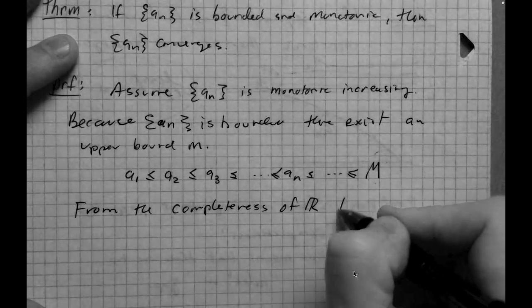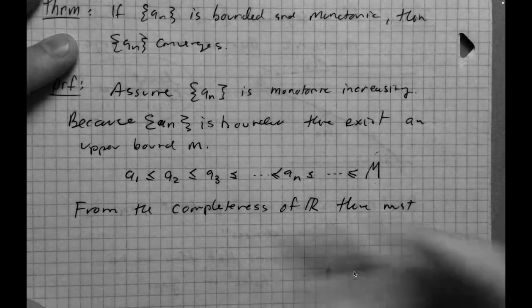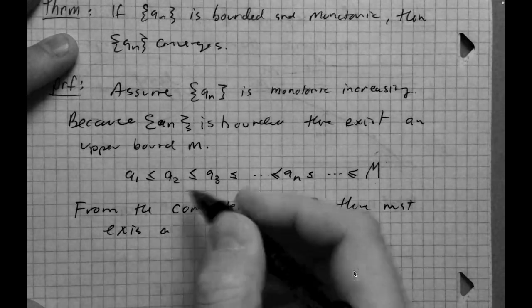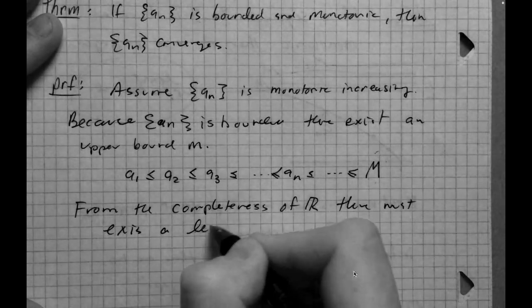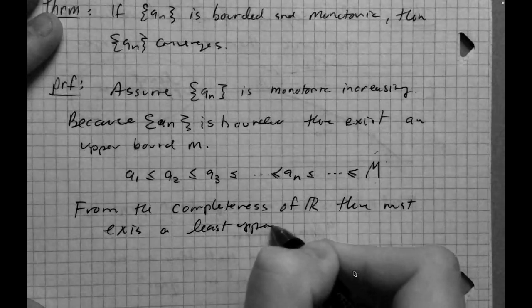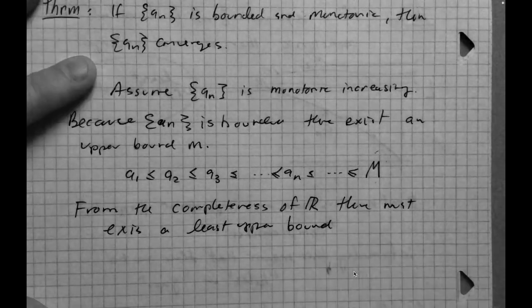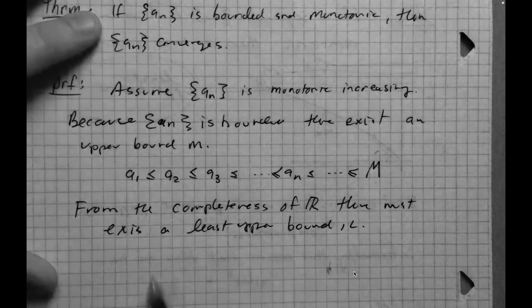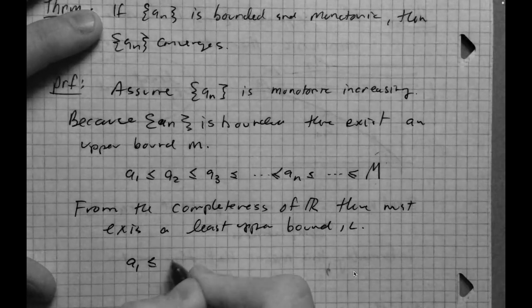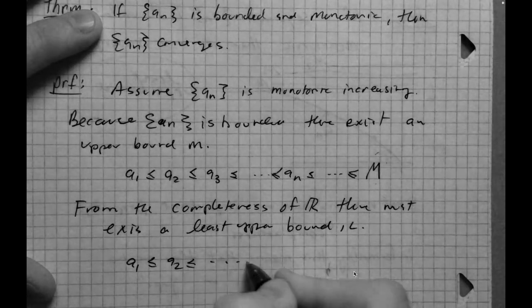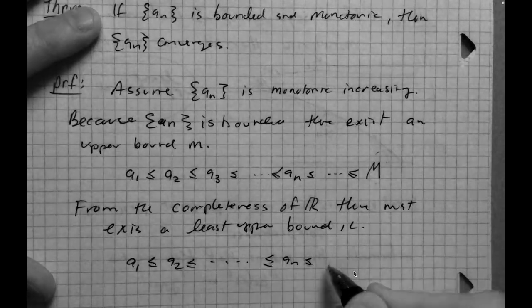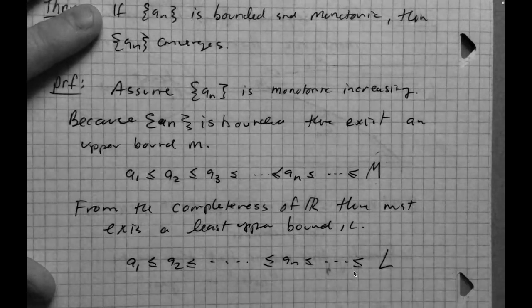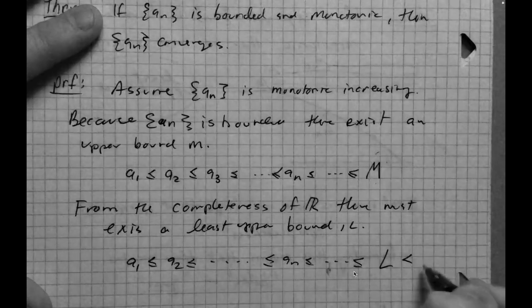From the completeness of R, there must exist a least upper bound, and we'll call that L. The least upper bound, that'll be L. And so the picture is really more like this. A1 is less than or equal to A2, less than or equal to dot, dot, dot, less than or equal to AN, less than or equal to dot, dot, dot, less than or equal to L, which is itself less than or equal to M.